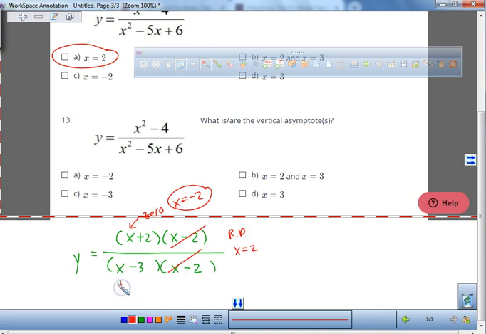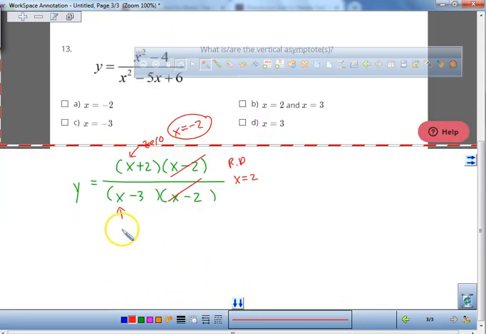All right. So what are we left with? We're left with what's called a vertical asymptote at x equals 3, because that would make that equal to a 0. So this one, we only have one vertical asymptote at x equals 3. All right. So here's what we have. We have a vertical asymptote at x equals 3.